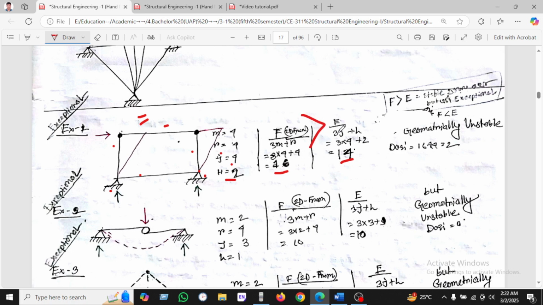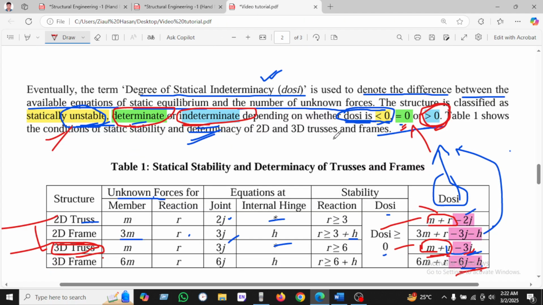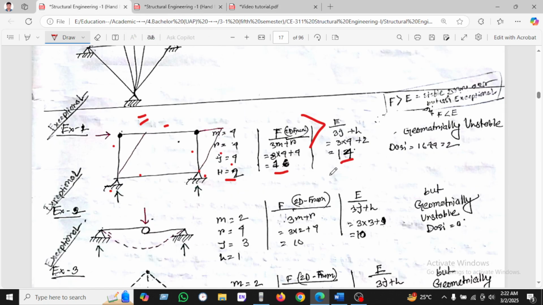So the force is greater than the equation, so it will be indeterminate, as we know. But in this case, as we've been seeing, there is an exceptional case, so it will be geometrically unstable.